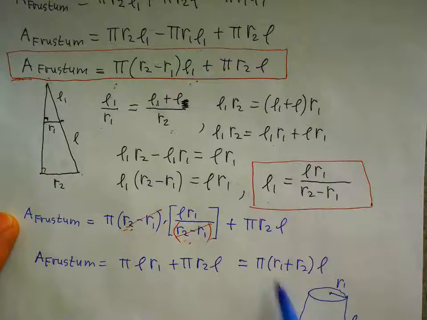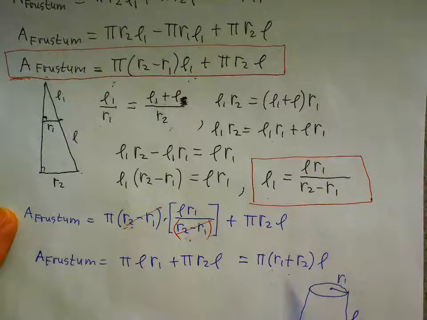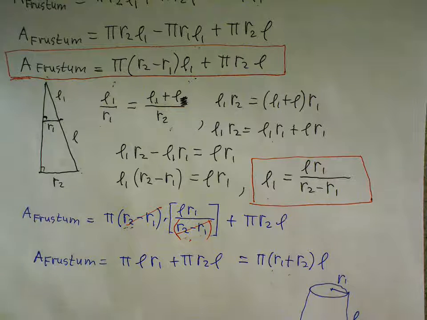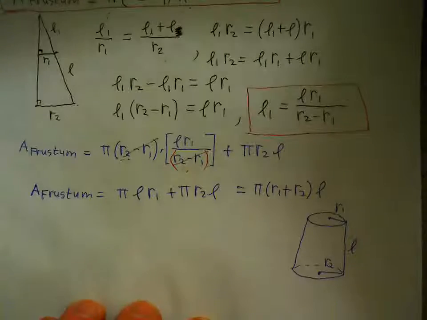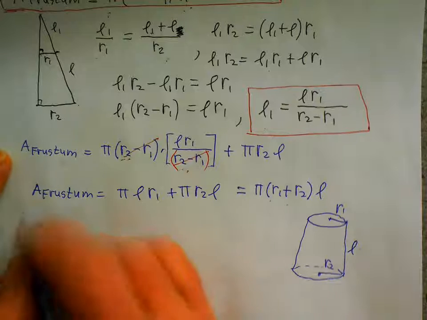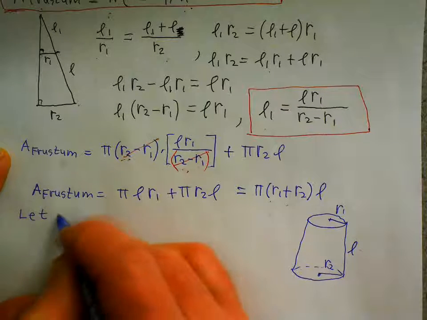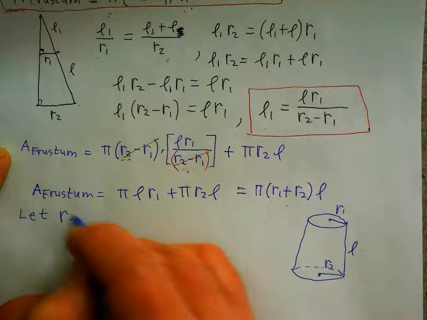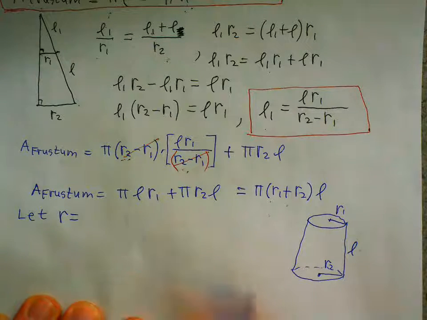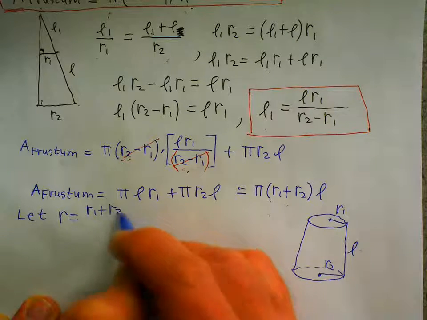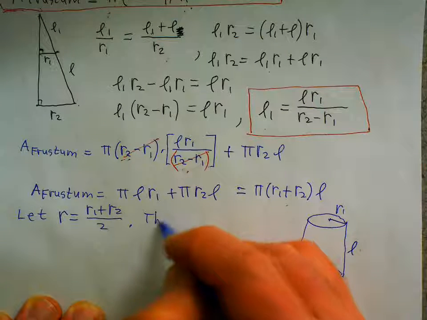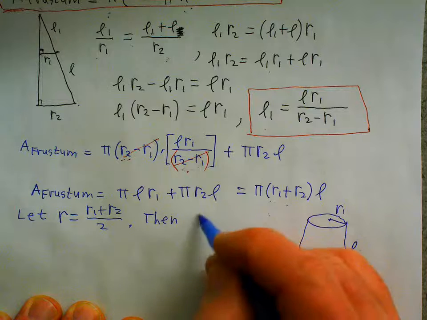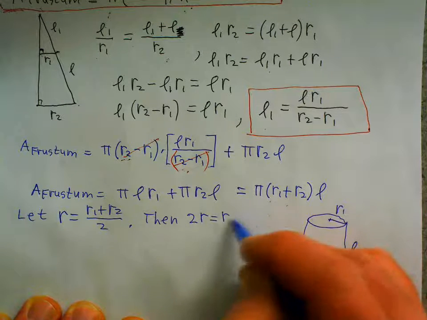Hey, but we're going to do one more thing. Notice that if we let R be the average of r sub 1 plus r sub 2, let R be equal to r sub 1 plus r sub 2 divided by 2, then 2 times R is equal to r sub 1 plus r sub 2.